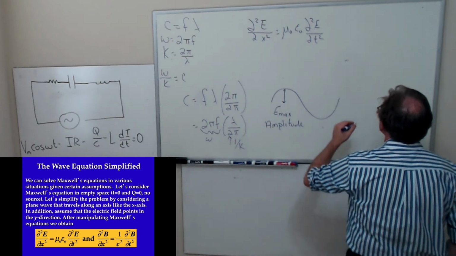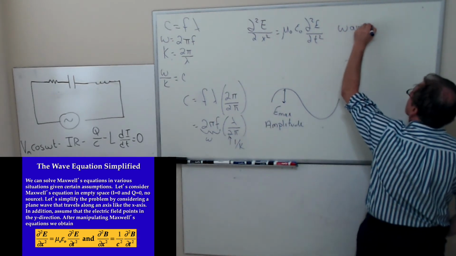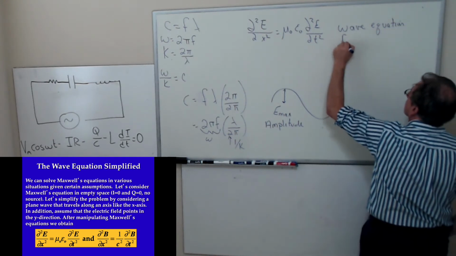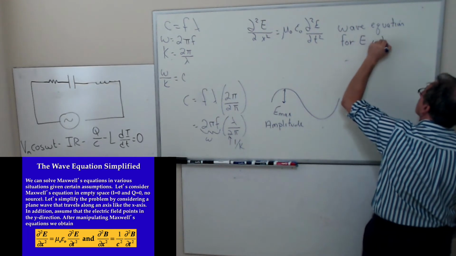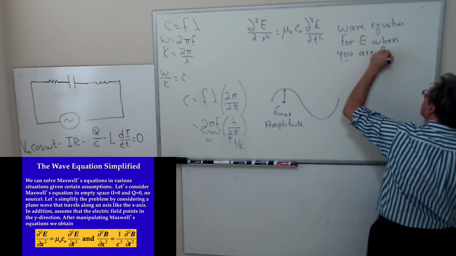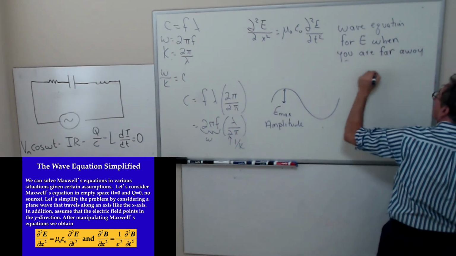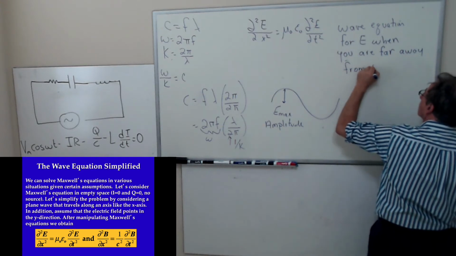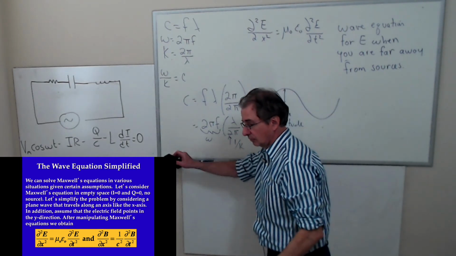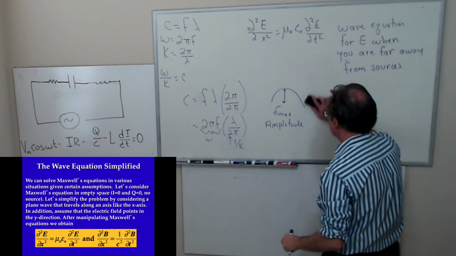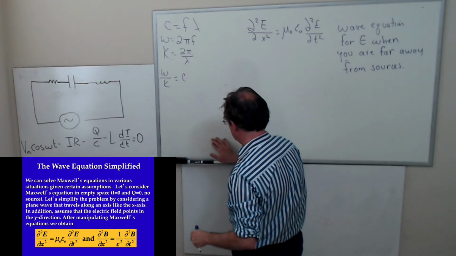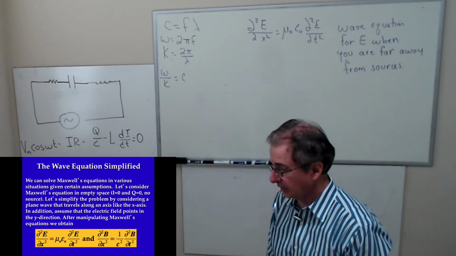So this is the wave equation for E when you are far away from the source. And when you're far away from the source, you can always set I equals 0 and Q equals 0. Okay.